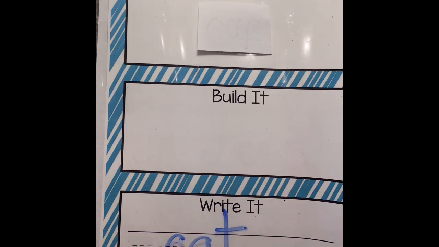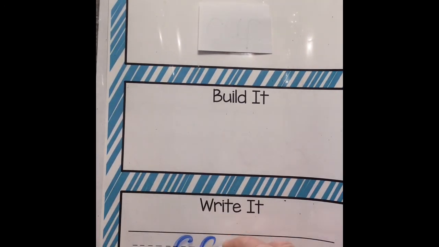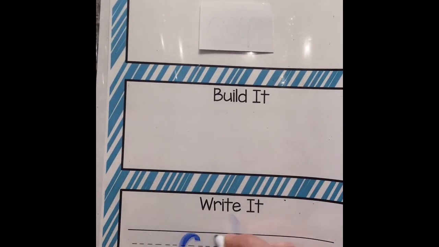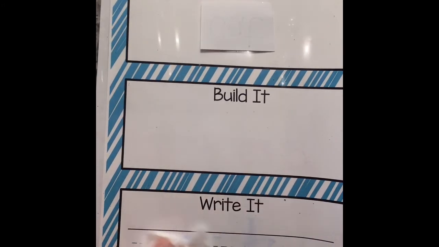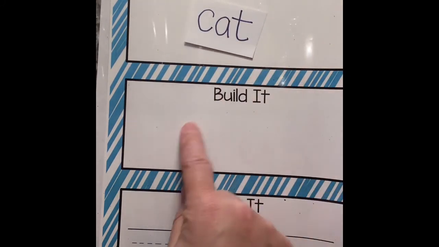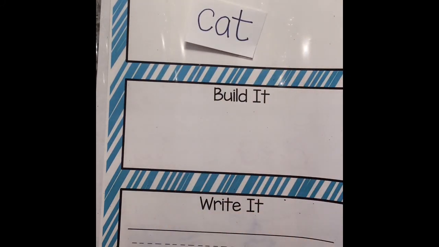And you can see, because I am now using this in the sleeve, I can have kids erase it and write it again. Write cat again. K, a, t. Good. Do it again. K, a, t. And this is much more effective, I think, than a worksheet because we actually are getting the child to read the word multiple times, then build it multiple times, and then write it multiple times.